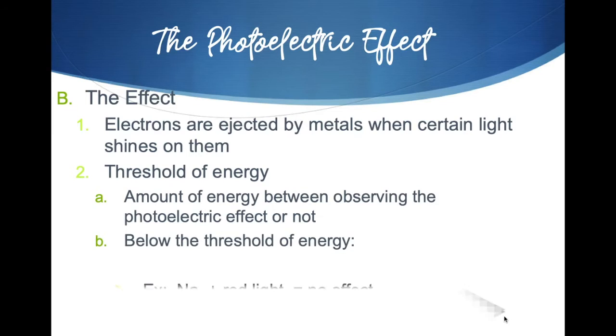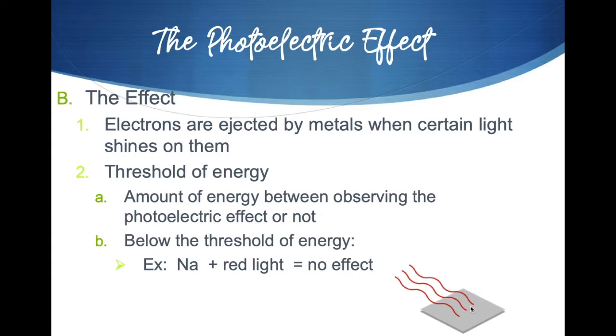If it's below the threshold, for example, let's say we had a sodium panel and red light was shining on it. We know that red light is the lowest energy of light that we can see. So nothing will happen. The red light will just shine on the sodium, the energy gets absorbed, but nothing else happens.